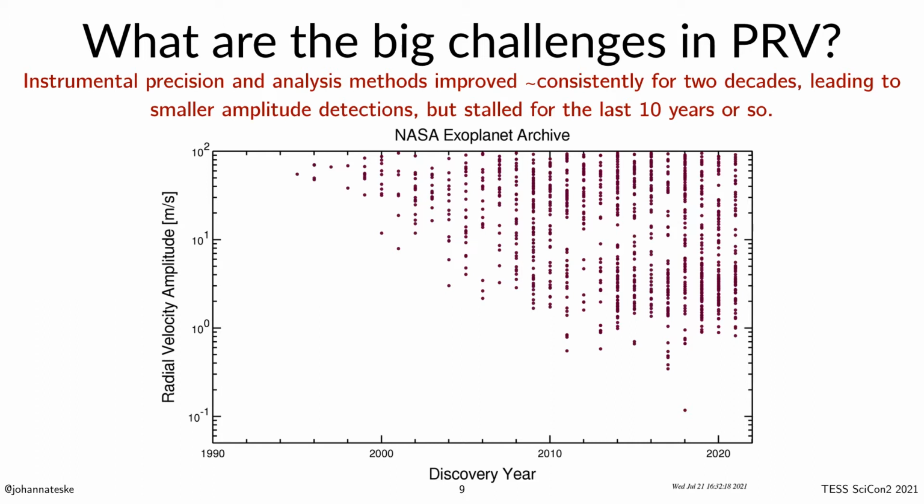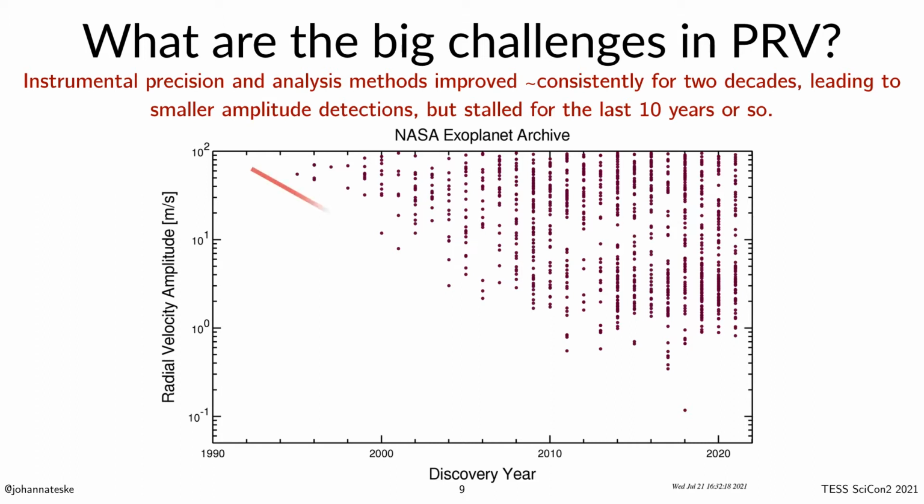So you can see here in this plot of planet discovery year versus RV signal amplitude in meters per second that as the instrumental precision and analysis methods steadily improved over time, due to really tremendous effort by a lot of dedicated researchers, the number of planets and the variety, the differences in semi-amplitudes that we could detect, has increased.